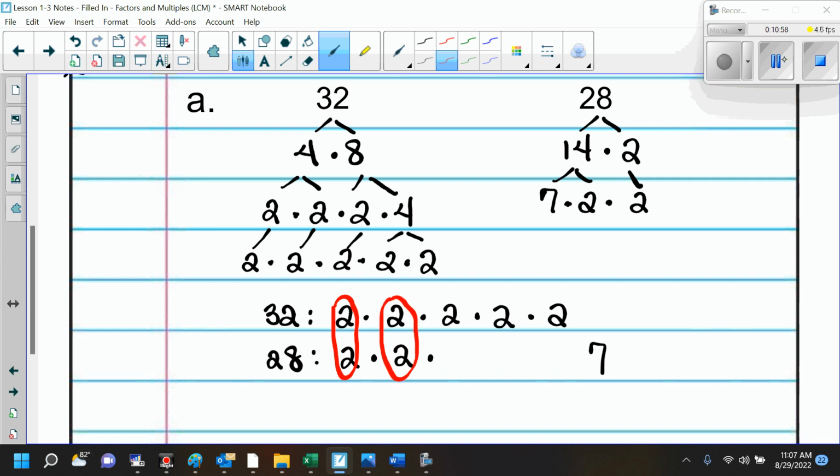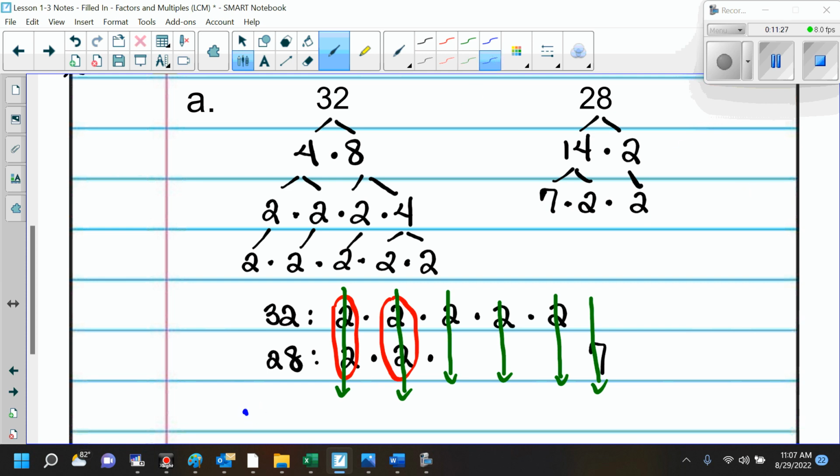Do I have anything else in common? No, right? So what we're going to multiply to get the least common multiple is 2 times 2, so that's what they have in common. So you multiply what they have in common, and we multiply everything else. Is everybody with me on that?